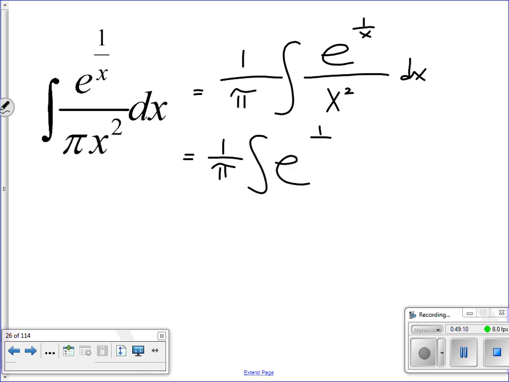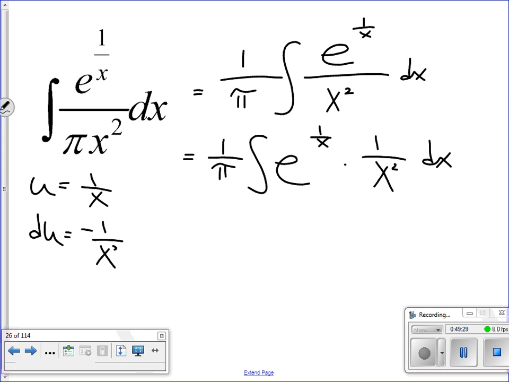So e to the 1 over x times 1 over x squared. So u is equal to 1 over x, or x to the negative 1. du would equal negative 1 x to the negative 2, or negative 1 over x squared dx. That's a really good one to know by heart also. The derivative of 1 over x is negative 1 over x squared. You are missing a factor of negative 1.